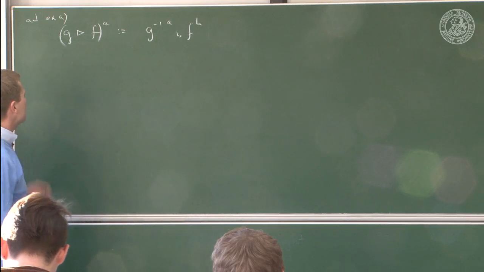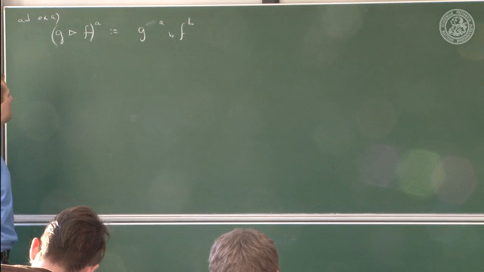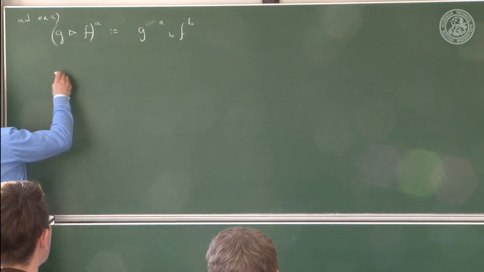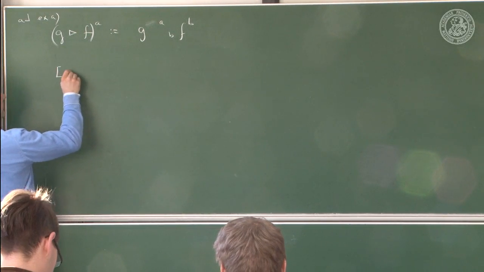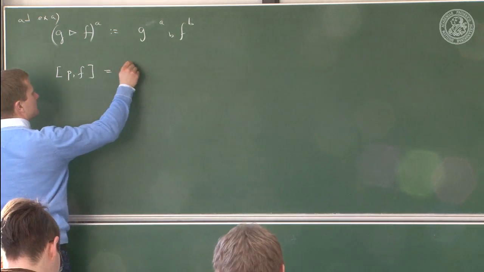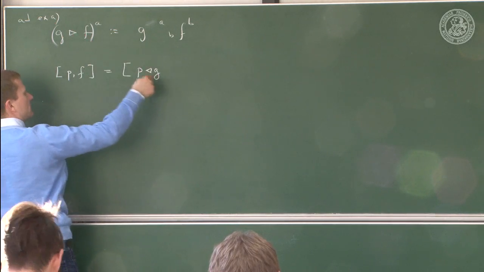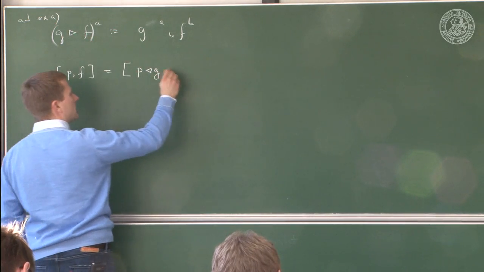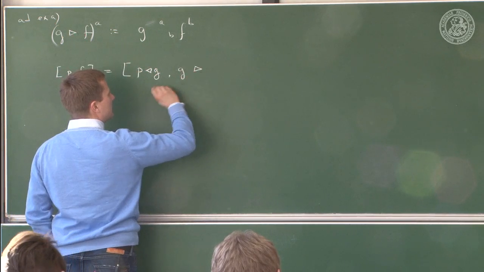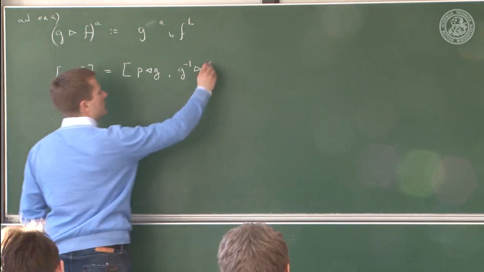Well, if you really want to get this together with what I said before, at this point, I think you need to remove the G inverse, because you remember that the equivalence classes were defined such that the right action of G on the principal bundle, together with the left action of G on the fiber, but there we already put the G inverse.